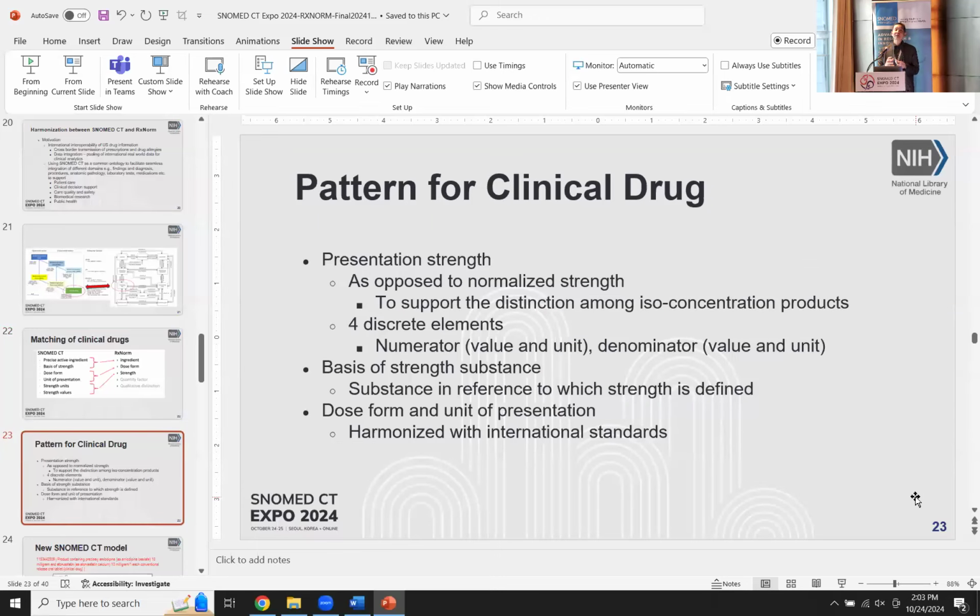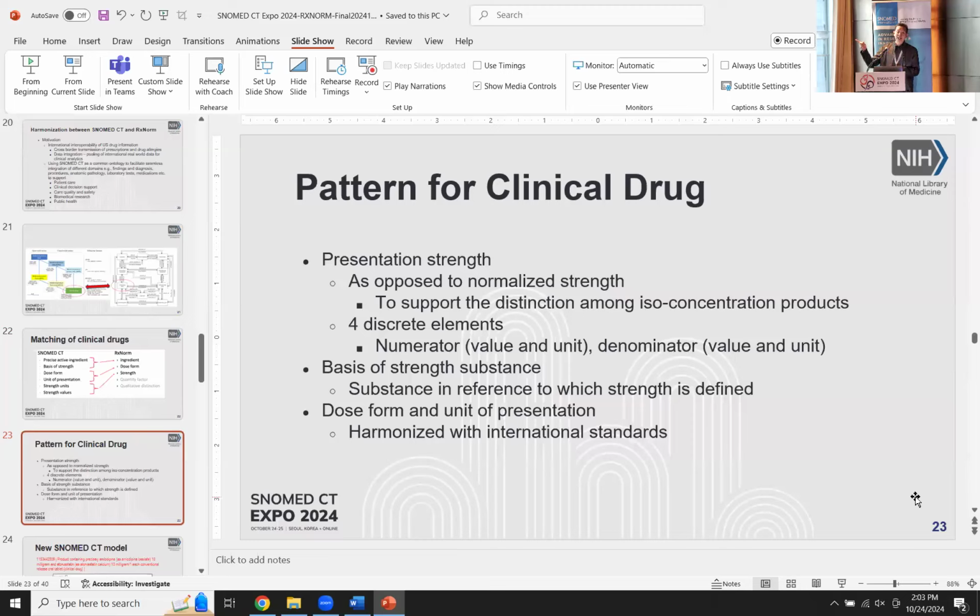There are a few things that we need to be careful about when we do the matching. First of all, in SNOMED, drugs are represented in so-called presentation strength. That means basically what the patient can see on the box of the medicine, and it is not down to normalized strength.